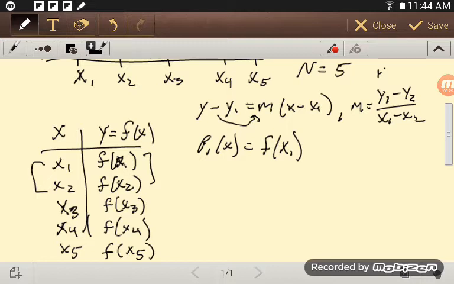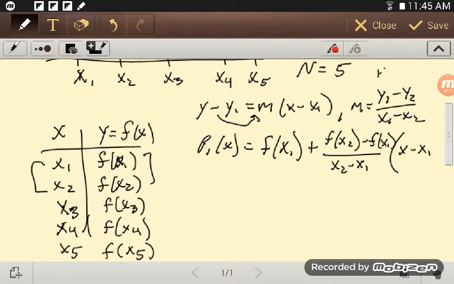So we'll have f of x1, then plus f prime of x1. Oh well, we don't have a derivative. We just have these points here. Well, we can approximate the derivative with the slope, and so that's f at x2 minus f at x1 over x2 minus x1, and then times x minus x1.